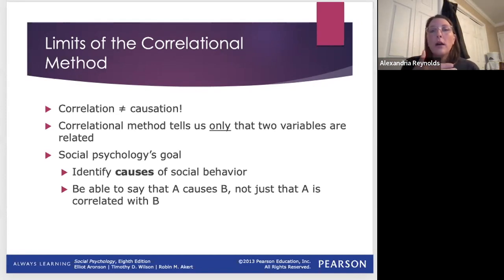Because in social psychology, the goal is to identify causes of behavior, we can't rely solely on correlations to answer those questions, because it doesn't answer the question. In order to say that variable A causes variable B, not just that they're related, we would have to do an experimental methodology.